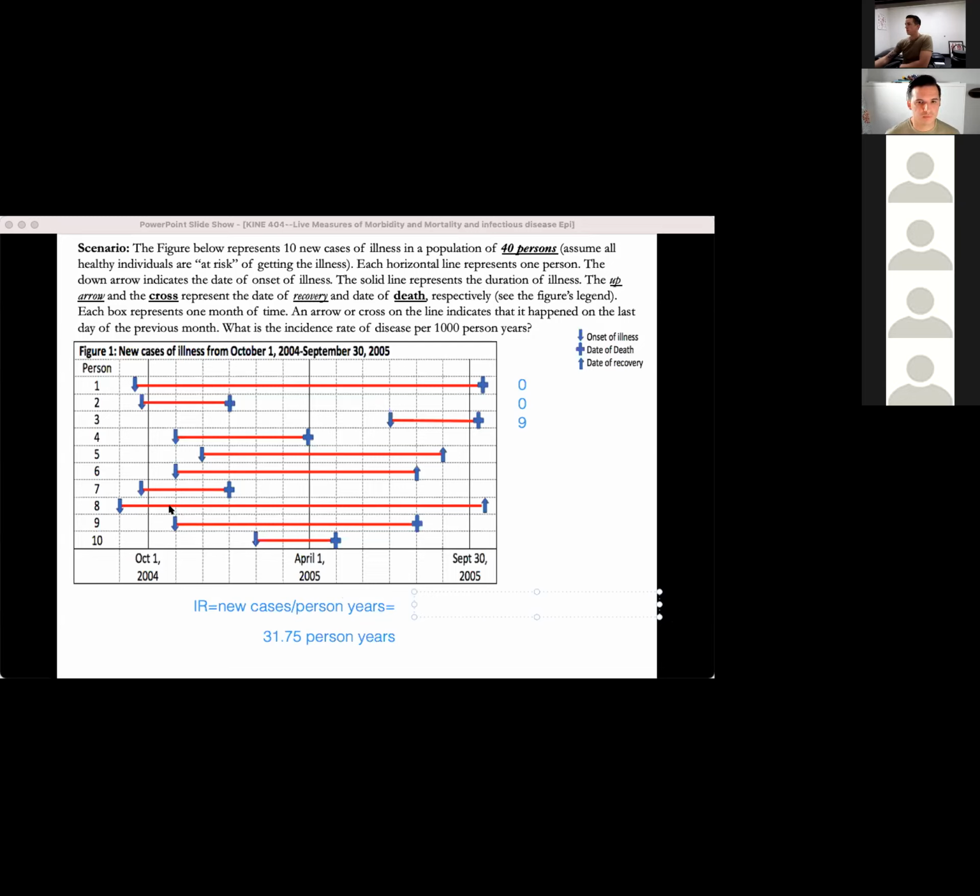So then that would give me 0.1888. Multiply that by 1,000 for my multiplier, and that gives me 188.97 or 188.9, or however. Like I said, I'm not a stickler on rounding. And so my incidence rate of this disease from October 1st, 2004 to September 30th, 2005 is 188.9 per 1,000 persons in the population.